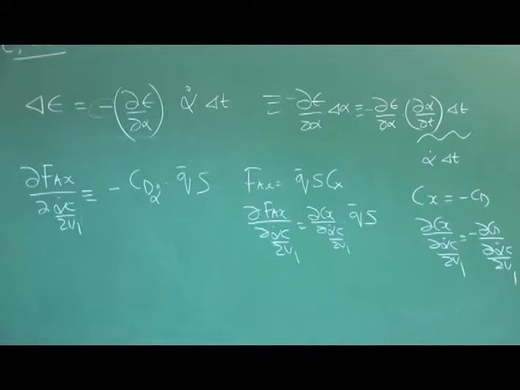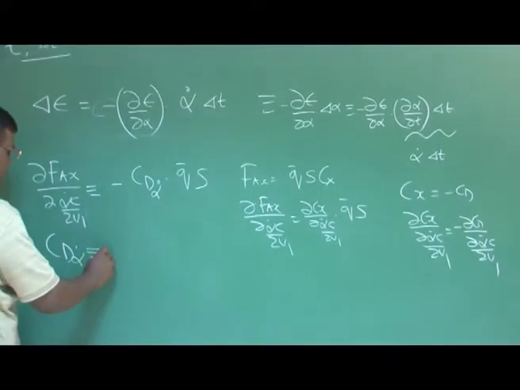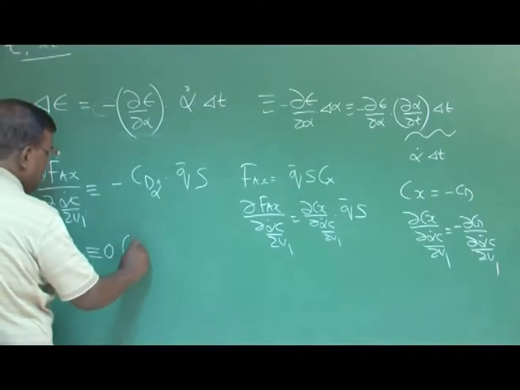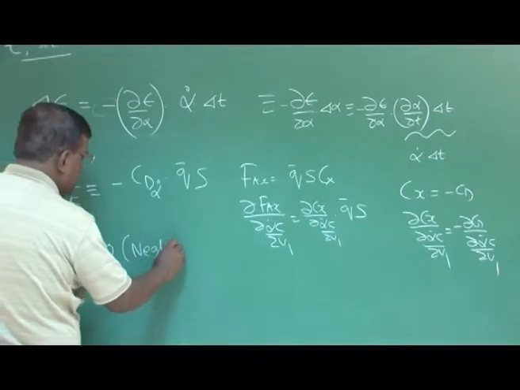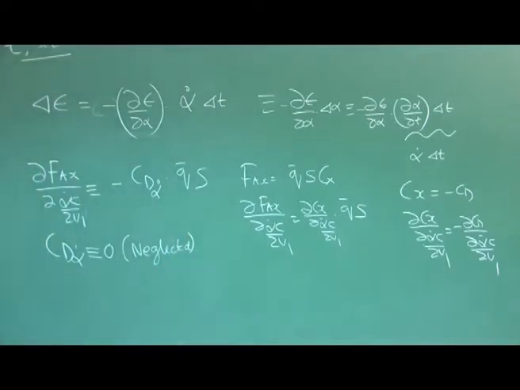Fortunately, for most conventional airplanes, it is not a bad idea to assume that CD alpha dot is almost 0 or can be neglected. So our life becomes simpler. This derivative dFax by d alpha dot c by 2U1, we can put to 0 for most of our conventional airplanes.